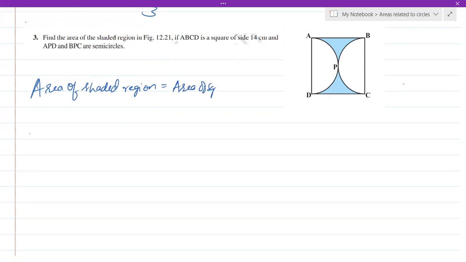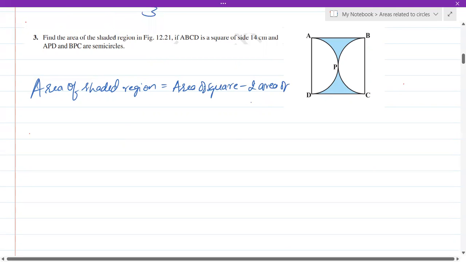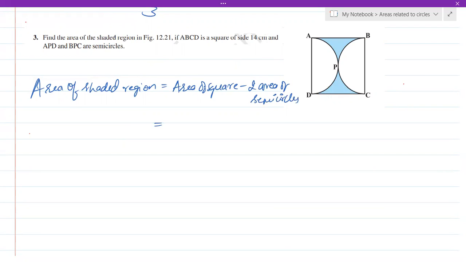In that, what we have to subtract? 2 times the area of semicircles, because there are two semicircles and both are equal, right? So that's why we have taken. Now what is the area of the square? Side into side, minus 2, and the area of a semicircle is half pi r square.